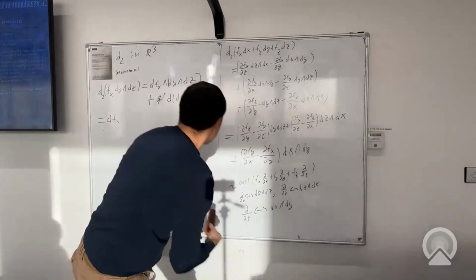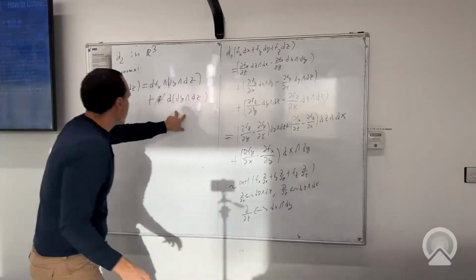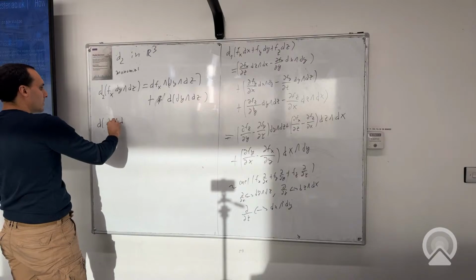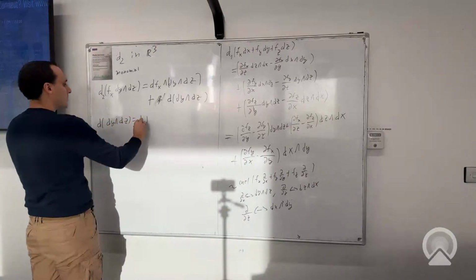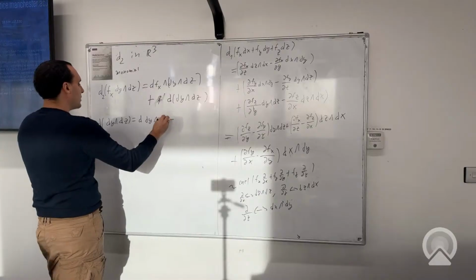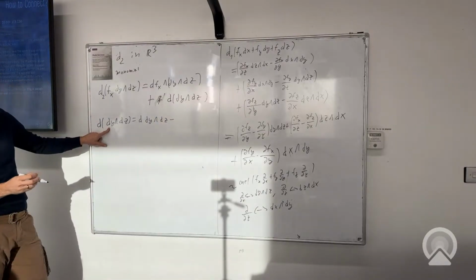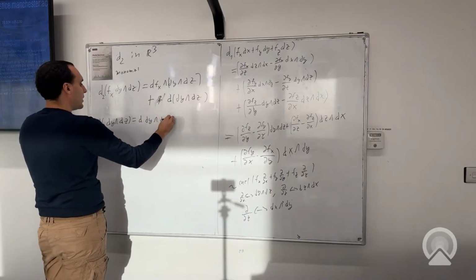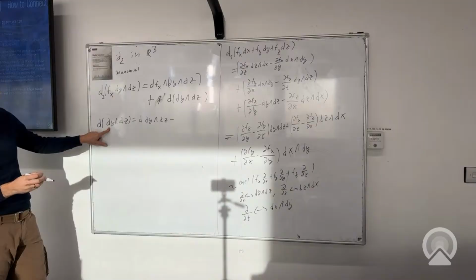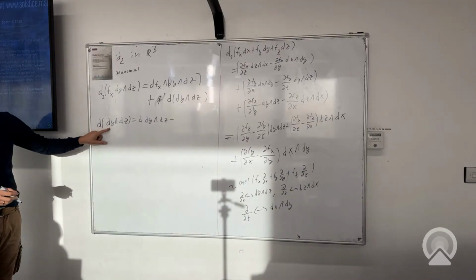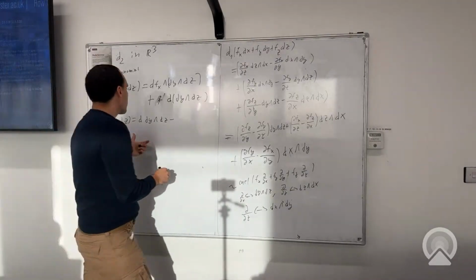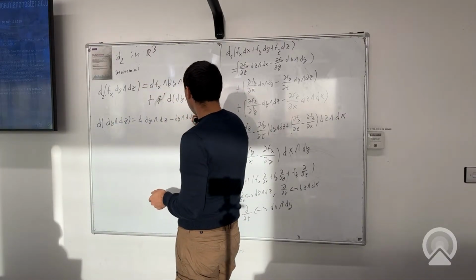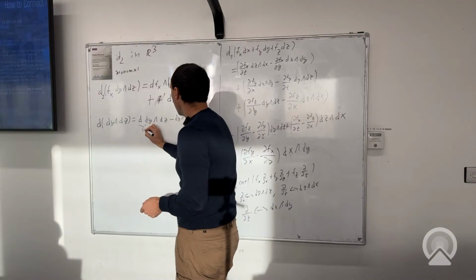Let me first calculate this. d of dy dz, this is d dy wedge dz minus, because we have a one form here with the graded Leibniz rule, we have a minus sign, dy wedge d dz, and this is 0, and this is 0.